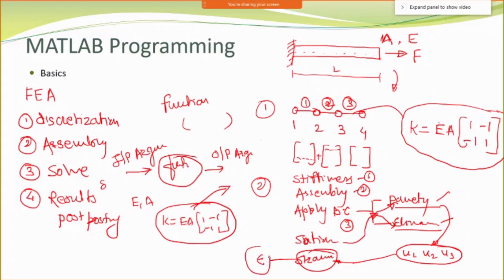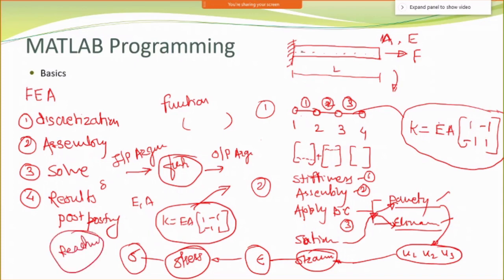Once I get the strain values, I have one more function, the stress, which tells me the stresses in each element. Once I have the stresses and strains, there will be one function which determines the reactions at the base. Likewise, you can use multiple functions and try to solve it.